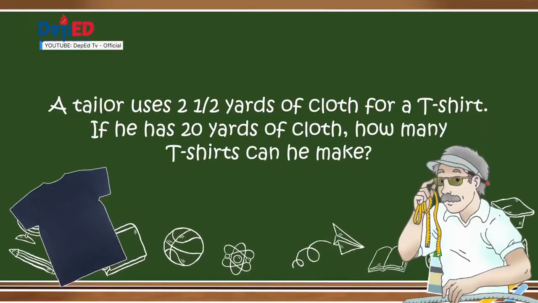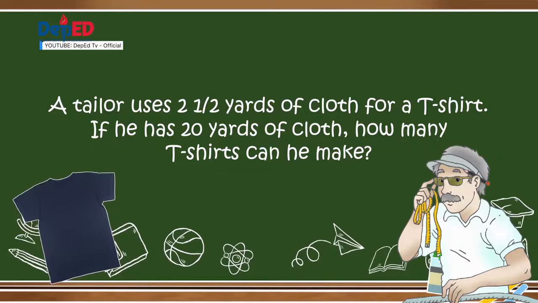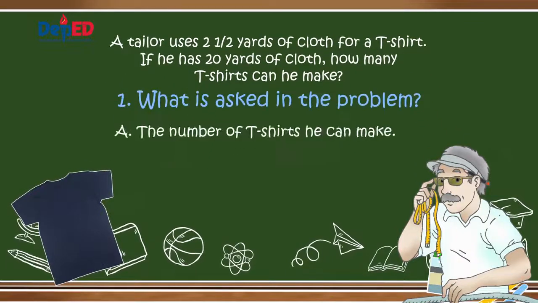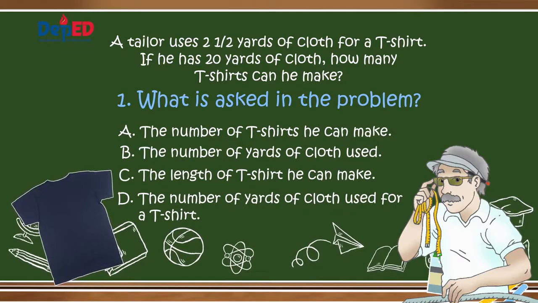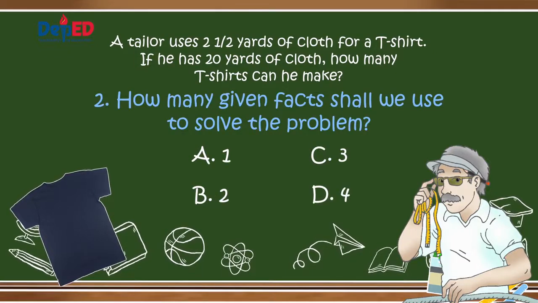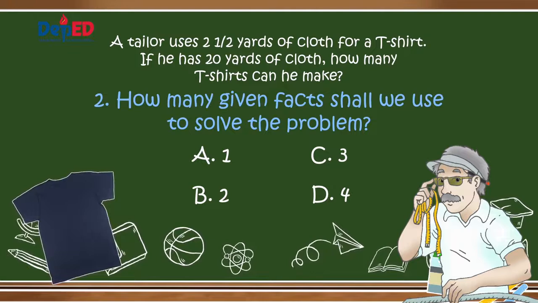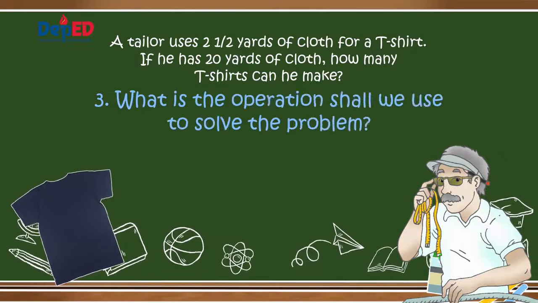Taylor uses 2 1/2 yards of cloth for a t-shirt. If he has 20 yards of cloth, how many t-shirts can he make? Number 1. What is asked in the problem? Number 2. How many given facts shall be used to solve the problem? Number 3.